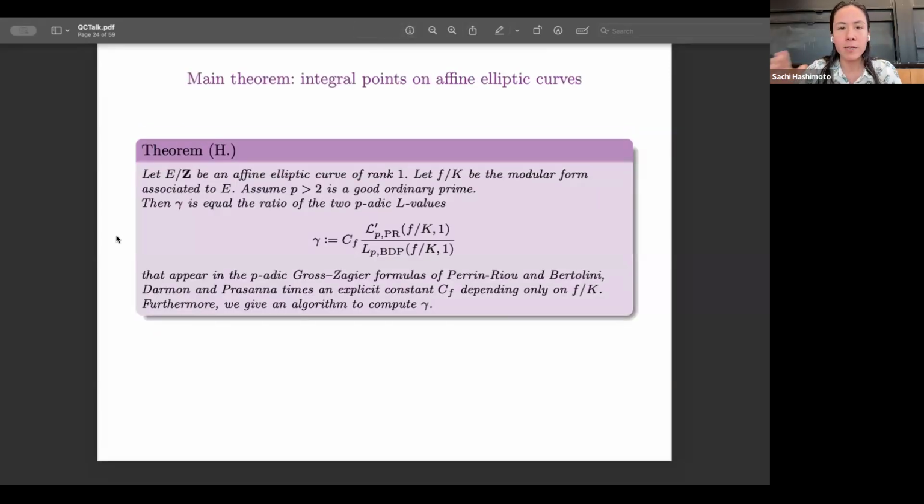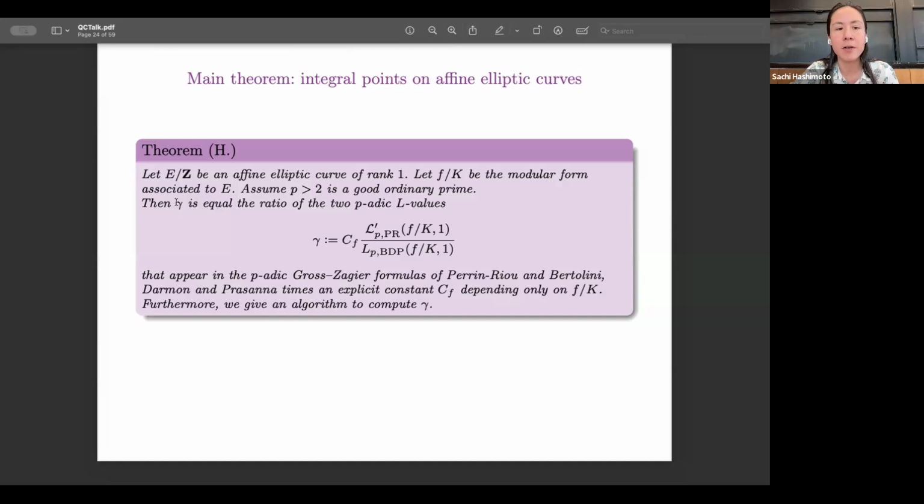So I'll just right away give you the main theorem for integral points on affine elliptic curves. If I have this affine elliptic curve of rank 1 and I take its associated modular form, but let me just consider it over K, the imaginary quadratic field where I'm going to find my Heegner point, and I fix my Chabauty prime p, and I'm going to require that it's ordinary in this case.